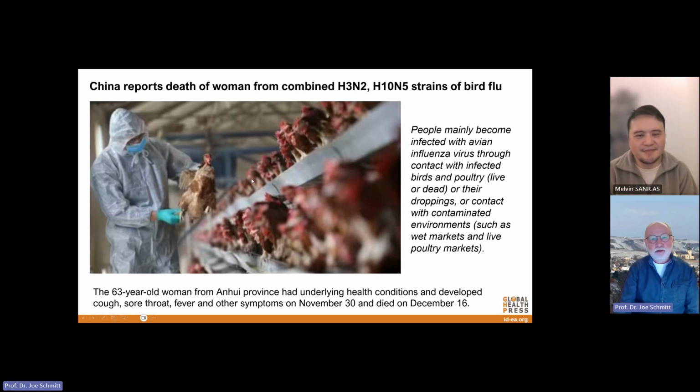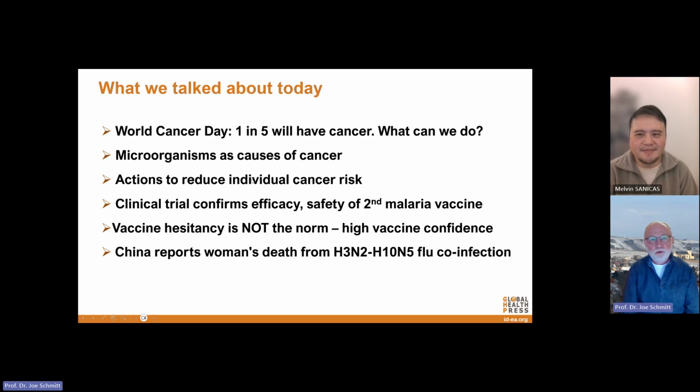And that brings us to the close for today. We showed you that there is something you can do about cancer. There are microorganisms that may cause cancer, and at least for two of them, there are vaccines out there. Melvin showed you actions to reduce your individual cancer risk.